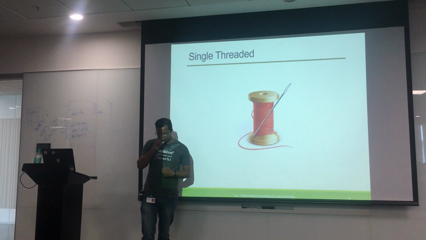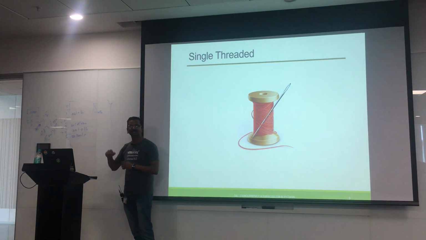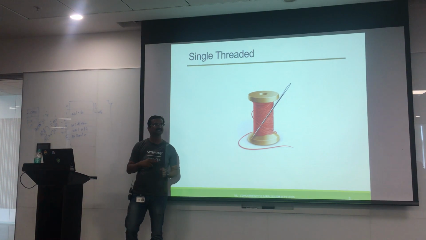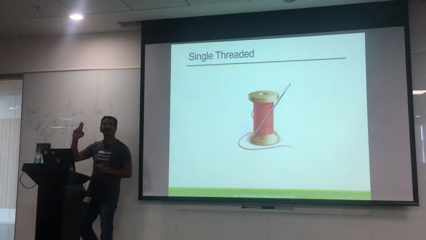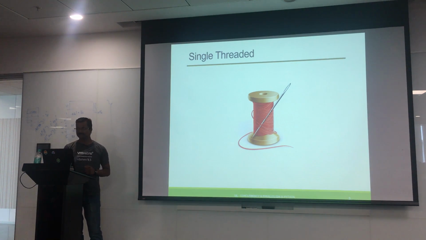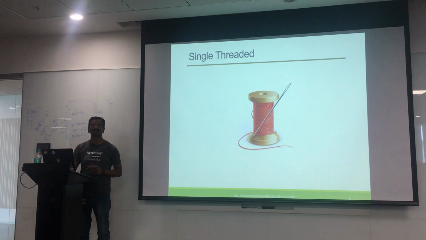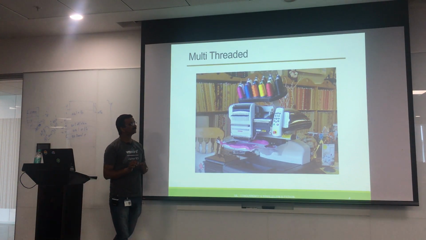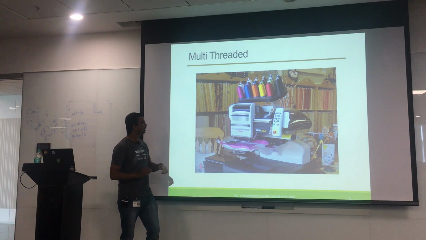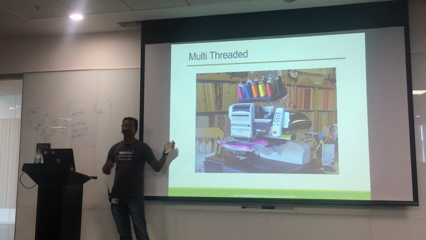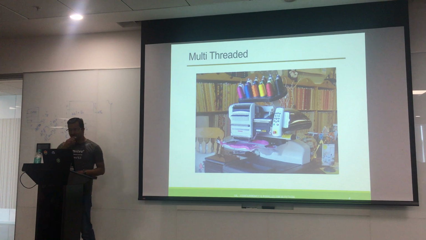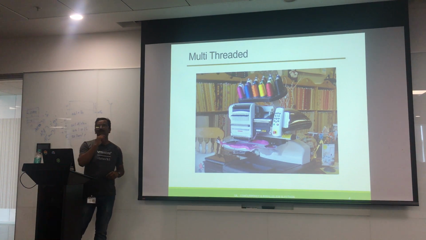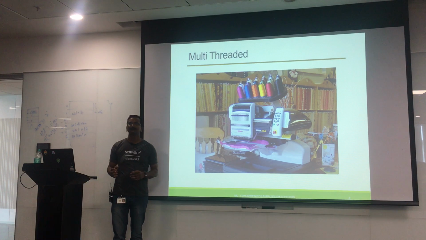If you have only a single needle, then the prime job of stitching will be waiting until that button attaching is finished, right? So this is the machine which comes with a lot of threads and a lot of needles, like CPUs, and it can create a beautiful design in minutes, isn't it?